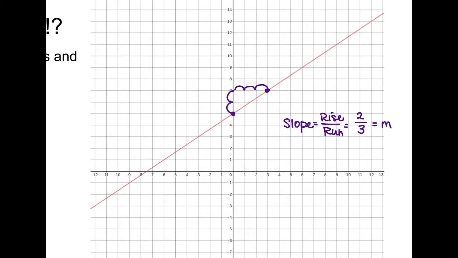And then the x-intercept is here on the x-axis, so it looks like it's at negative 7.5. And the y-intercept is here on the y-axis, so it looks like it's at 5.